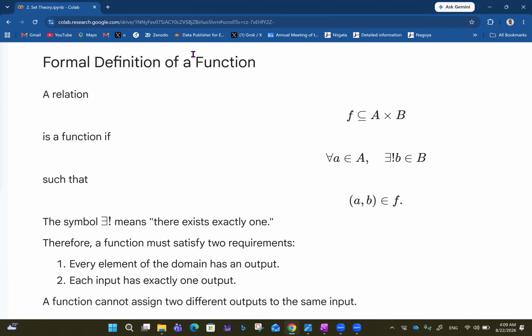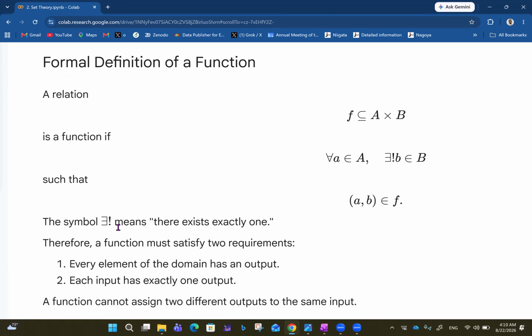A relation f, which is a subset of the Cartesian product, is a function if for every a belonging to A, there exists only one b belonging to B. So with the idea of Cartesian products, you have different elements, each element of set A mapped to each element of set B. But to define a function, we now have a distinction that for every a belonging to A, in the domain, we have only one b belonging to B, such that the pair (a, b) is an element of the function.